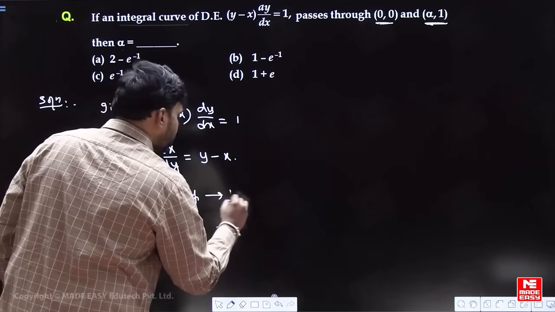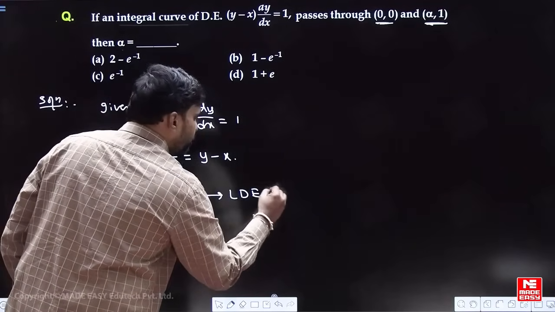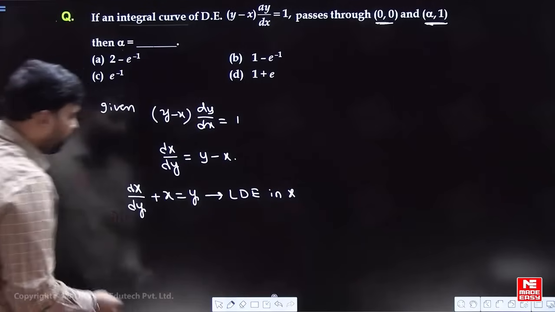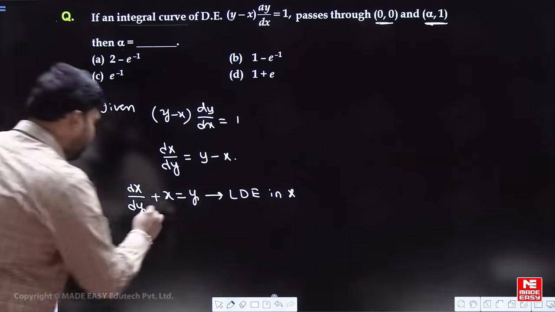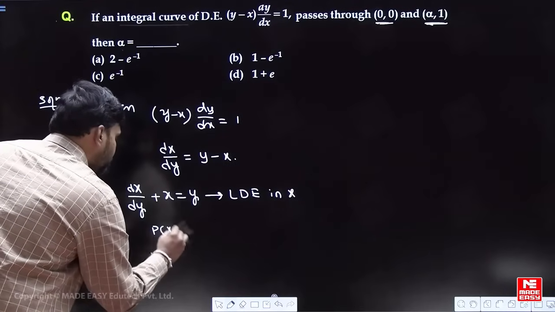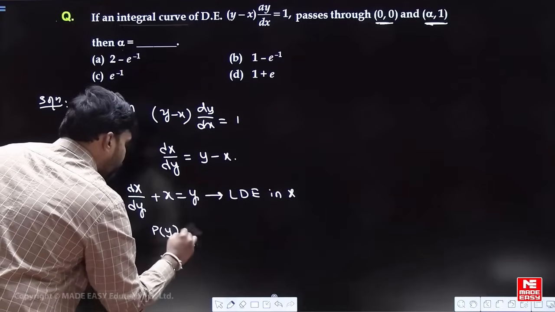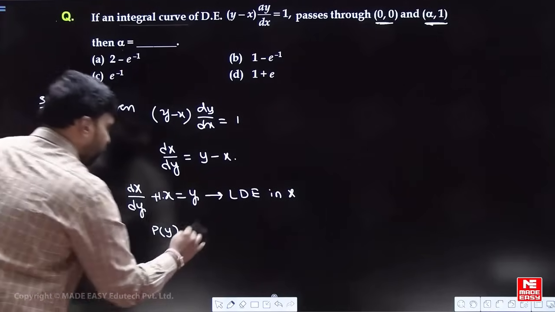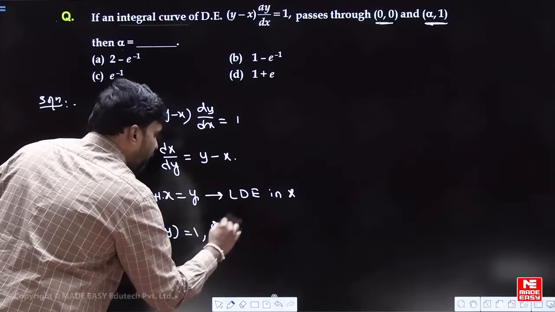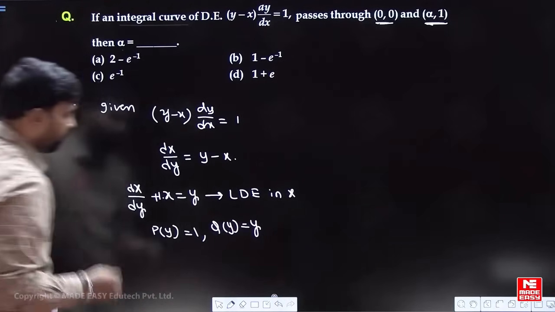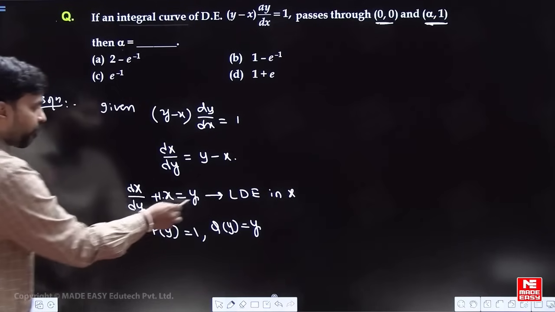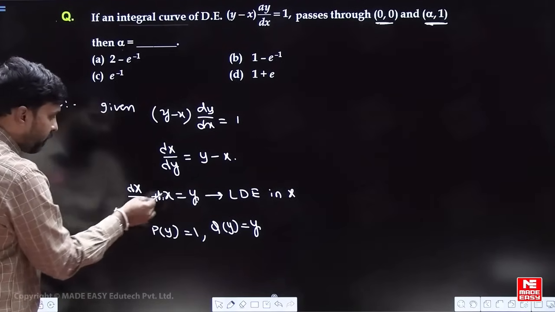So this is a linear differential equation in x. If this is a linear differential equation here, the p of y is 1, and q of y is y. So q of y is y and p of y is 1.